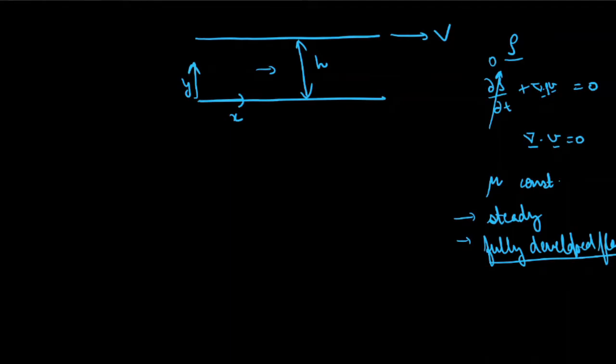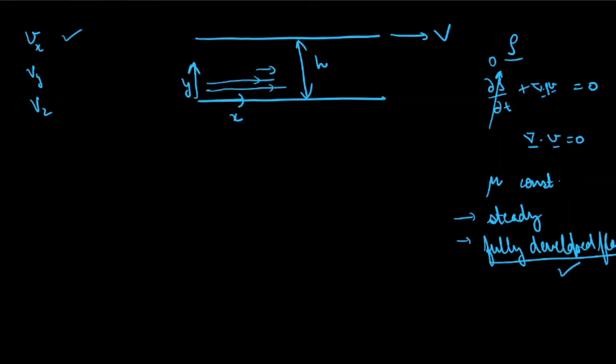So here we can see that velocity can have three components: Vx, Vy and Vz. In the x direction we do have velocity. In the y direction, if we consider that we have a fully developed flow, we do not see any element going in the y direction.